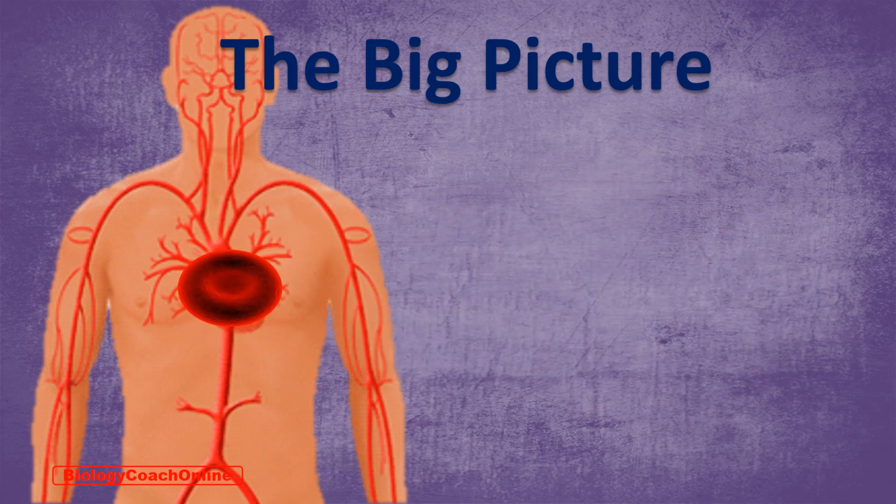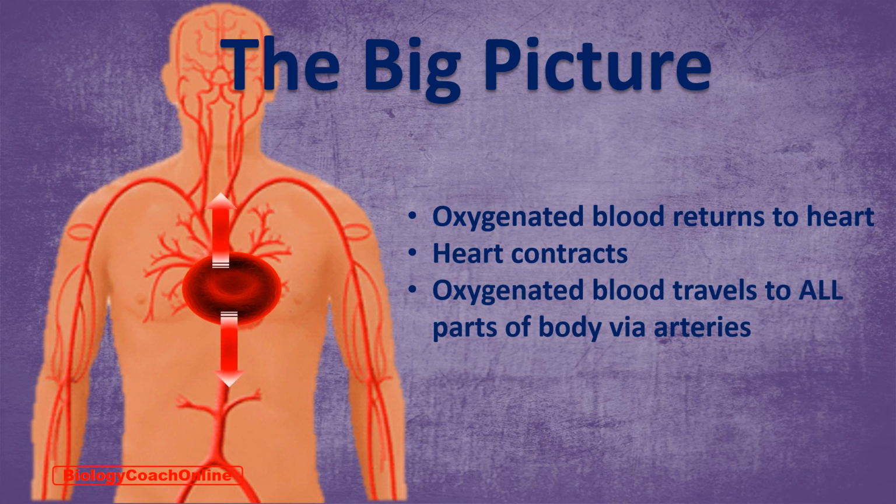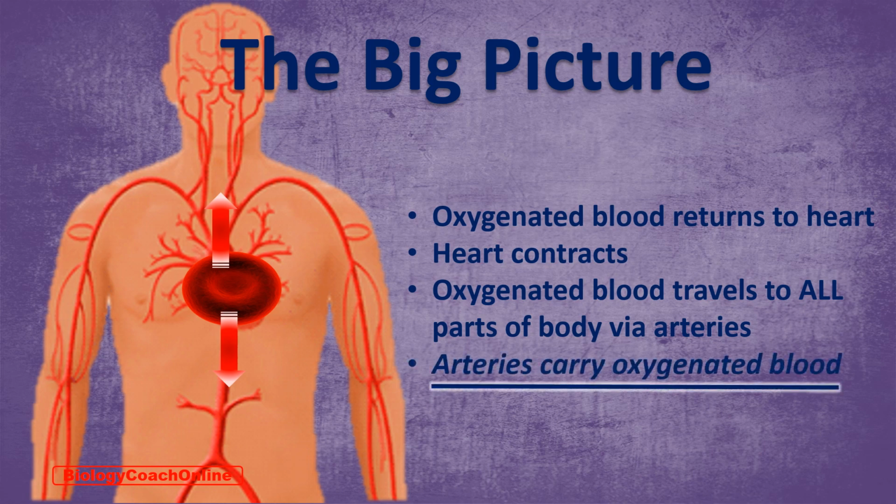Once filled with good blood, the heart contracts, sending the oxygenated blood to all parts of the body, up to your brain, down to your big toe, and every part in between, by way of your arterial circulation. So the first major point to remember here is arteries carry oxygenated blood to all parts of the body.